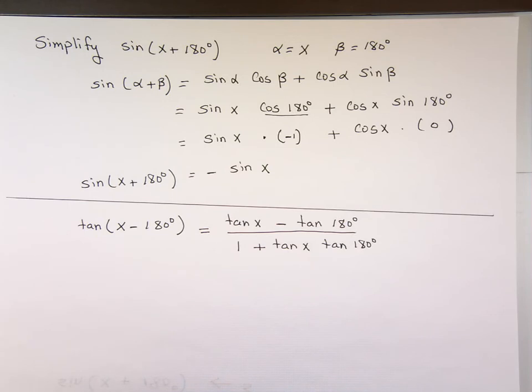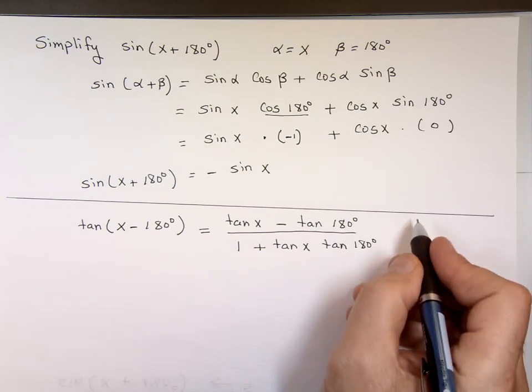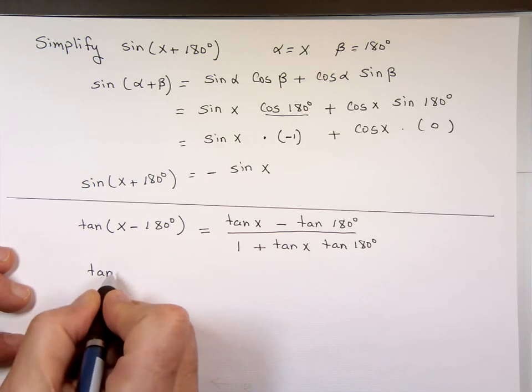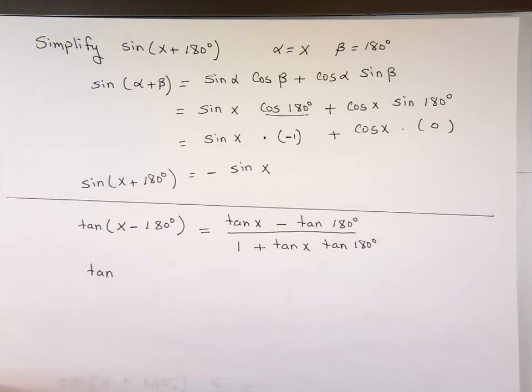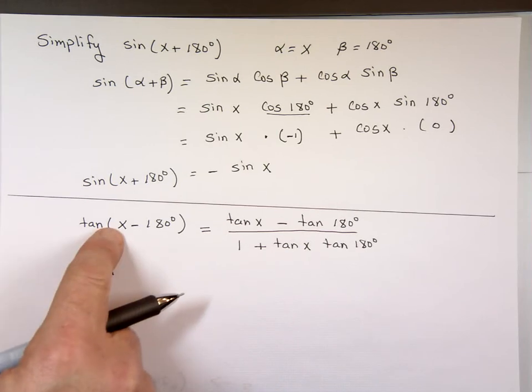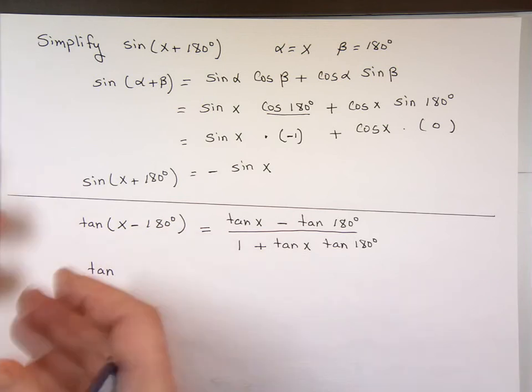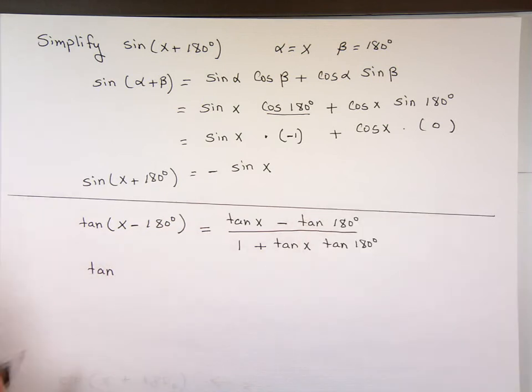Now remember, tangent is sine over cosine. I'm going to use the tangent identity. I already wrote it down, I guess. Alpha is x and beta is 180. I should have written the identity first, but I already put the values there, so there's no sense rewriting all that stuff again.